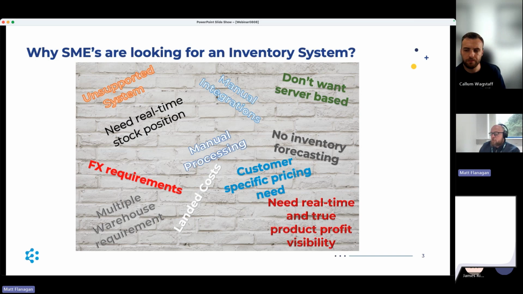And the need for real-time and true product profit visibility. I think with landed costs, that started to really come to the fore, where people wanted to know how much that last batch of products we bought in, with the landed costs, and at my sell rate, what did we actually make on that? And going into inventory forecasting, that also makes sense, because you want to buy not just the stuff that's selling, but the stuff that's selling at the right profit rates.